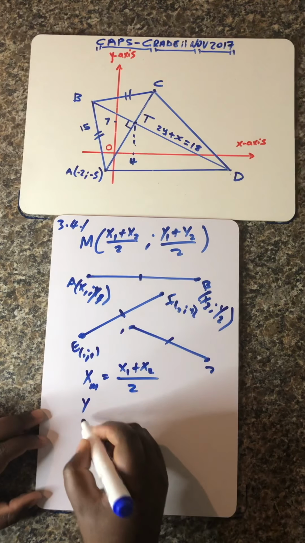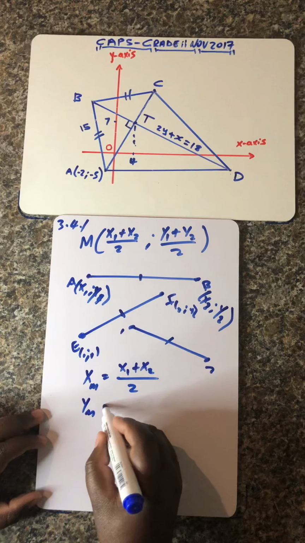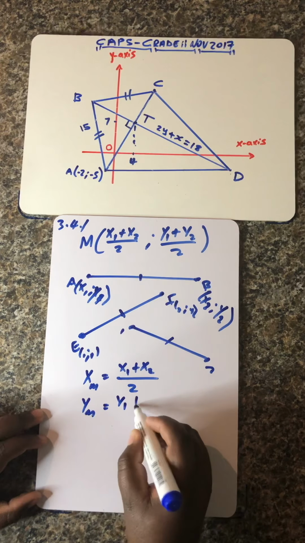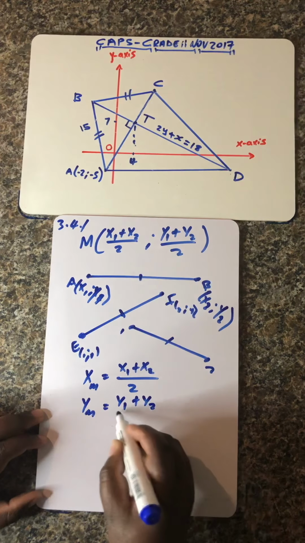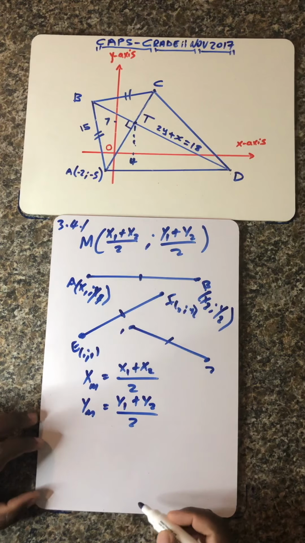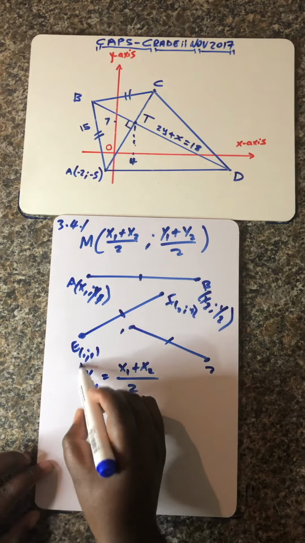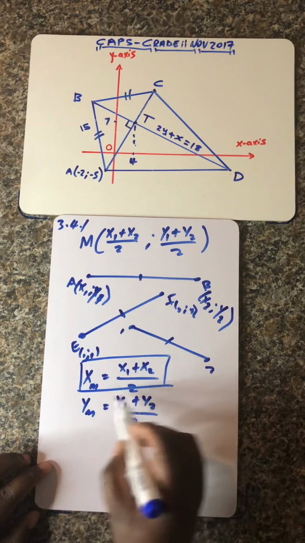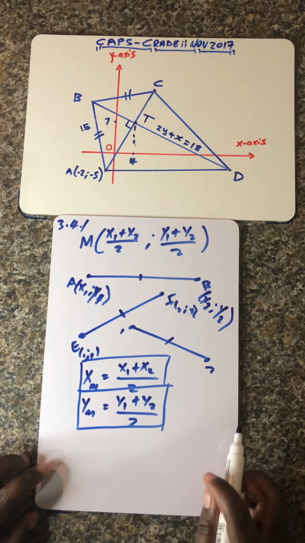Same for y. So y at the midpoint equals the first y plus the second y, divided by 2. So this thing on its own is a formula, guys.